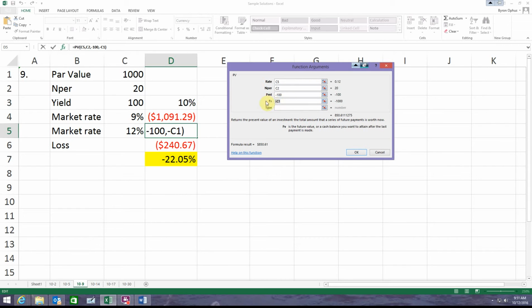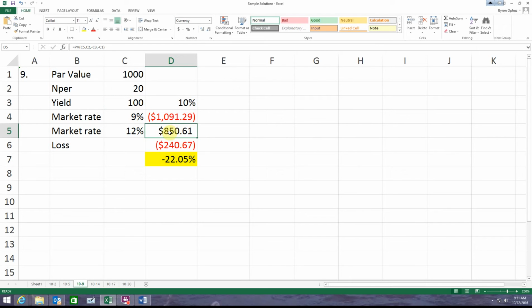And same thing with the future value, kind of giving that up. That would work okay that way, but I've been doing it like this, and so I'll stay consistent. Okay, so if I sell that, I would get $850.61.